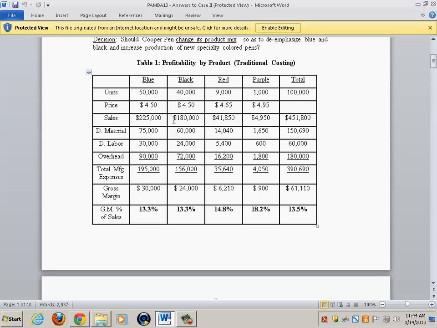Maybe the company needs time to use the capacity, actually increasing the volume.